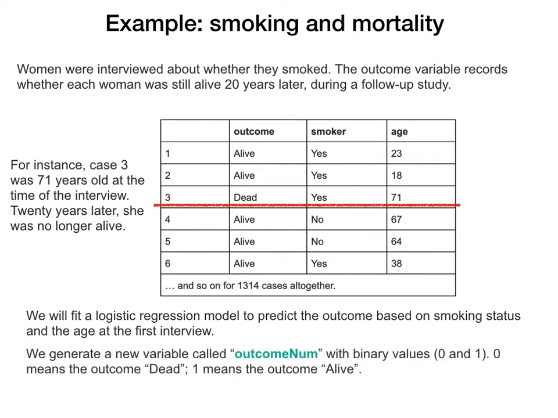In order to run the model, I will generate a new variable called outcome number, basically using 0 and 1 to represent the outcomes. So alive will be 1, and then dead will be 0. So in the first 6 observations, 5 of them were still alive 20 years later.